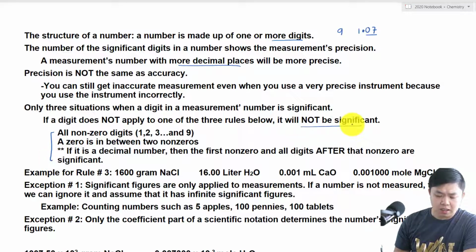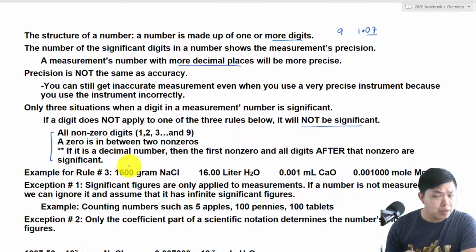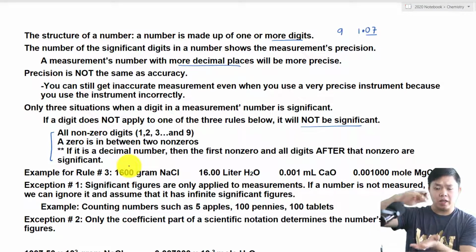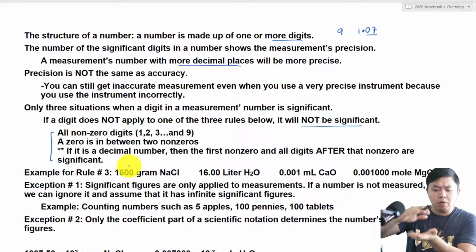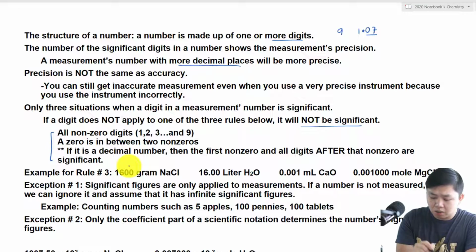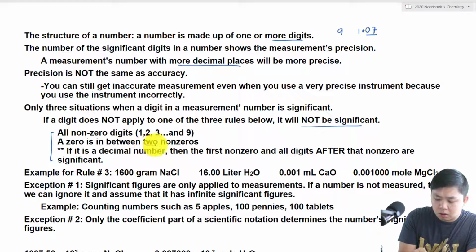In this case, the first rule is that every single non-zero digit is significant. What are non-zero digits? 1, 2, 3, 4, all the way through 9, except for 0. They are significant. And in order for a 0 to be significant, you have to think of a sandwich. It has to be in between 2 non-zero digits. So the only time a 0 is significant is between 2 non-zero digits.